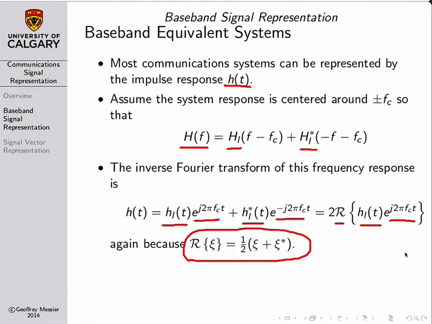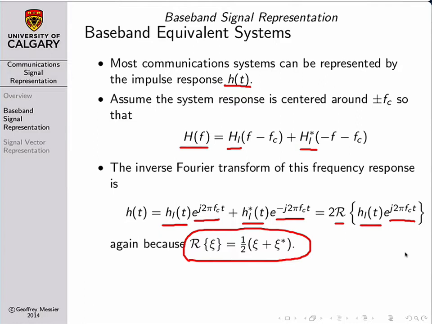But again, the fundamental thing that allowed us to write the system response in this way is just this notion that the frequency spectrum of our passband signal has a response that's sort of centered around plus or minus fc, and that sort of local spectral neighborhood around the carrier frequency is really all we care about.